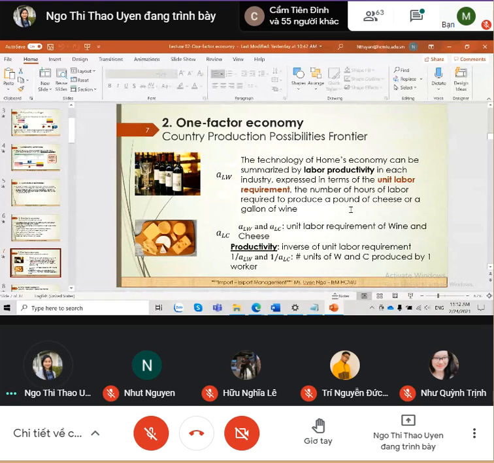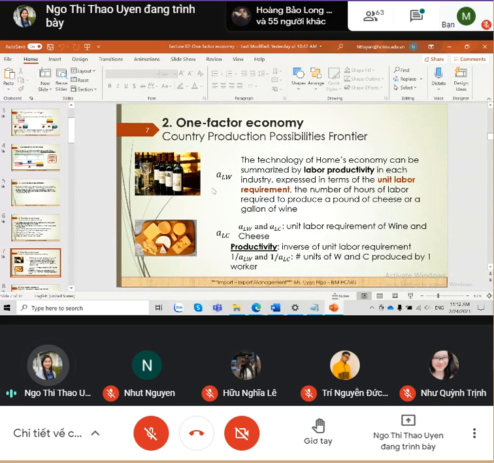And what is this term? It's the number of hours of labor required to produce a pound of cheese or a gallon of wine. Let's say ALW is 2, meaning that it takes 2 hours of labor to produce 1 gallon of wine.